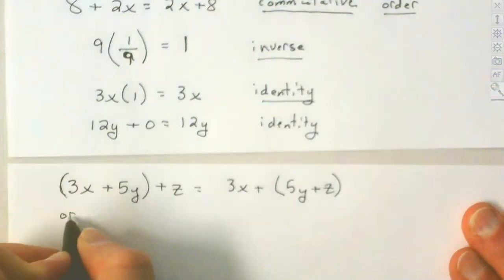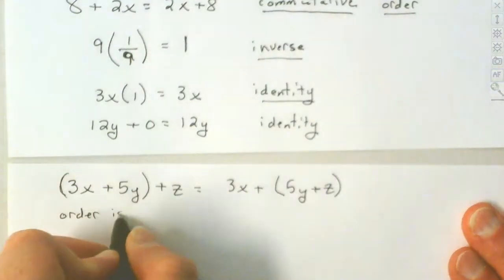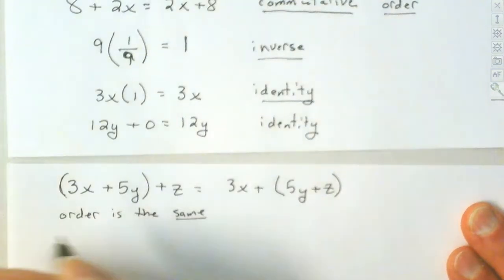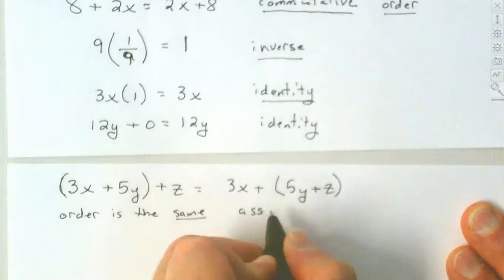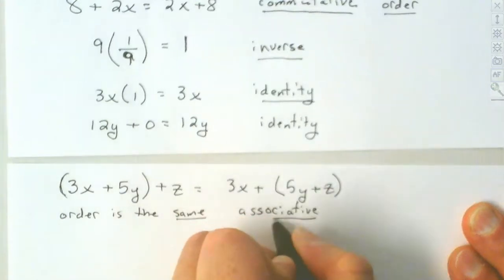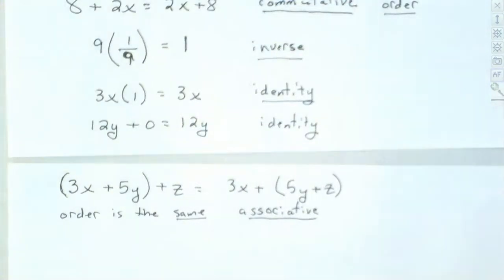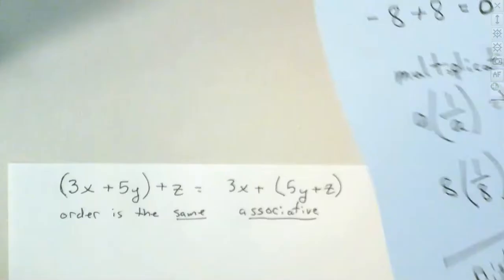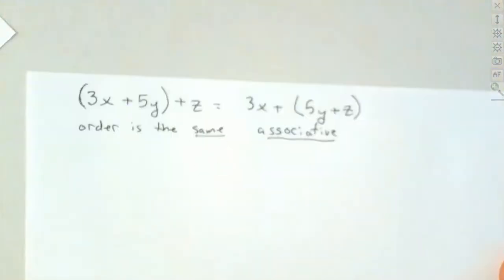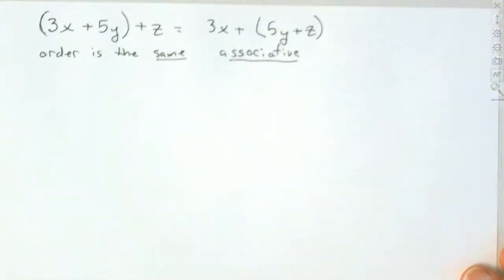So the order is the same. If the order stays the same, just the groupings, that means we're using the associative property. So we're going to associate them differently. The way I remember associate is just group them together. Okay, so I changed the groupings there.